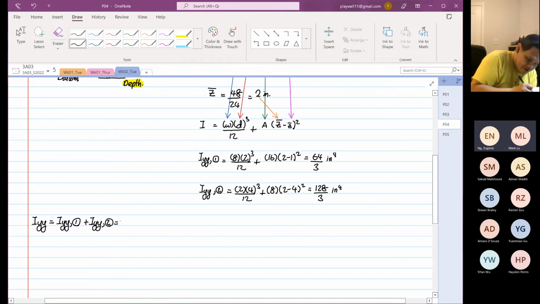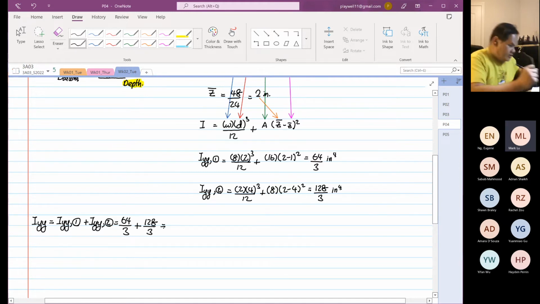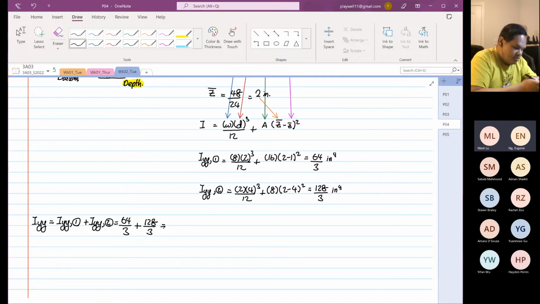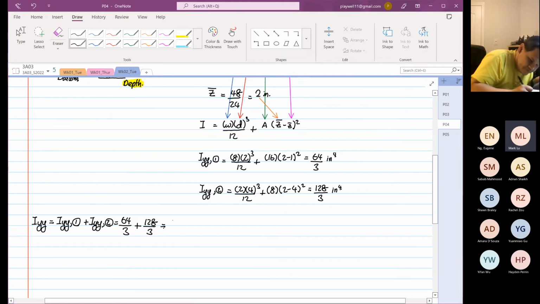So it's equal to 64 over 3 plus 128 over 3. Okay, so 64 over 3 plus 128 over 3 is equal to 64.